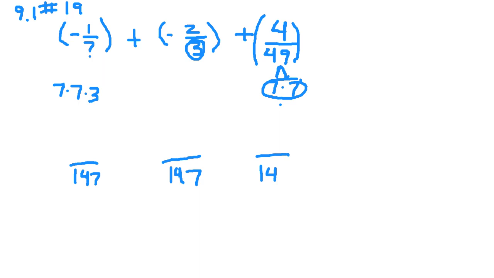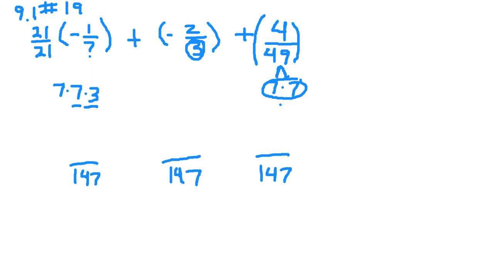Okay, so now we've got to get our equivalent fractions. So on the negative 1/7, there's already one of the 7s. So we need to multiply another 7 and another 3. Well, 7 times 3 is 21. So we're going to take this one times 21 over 21. Does that make sense? What I'm doing there?